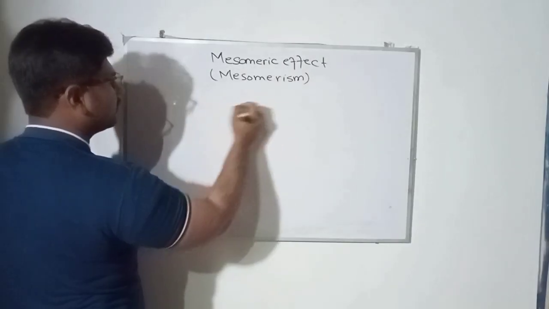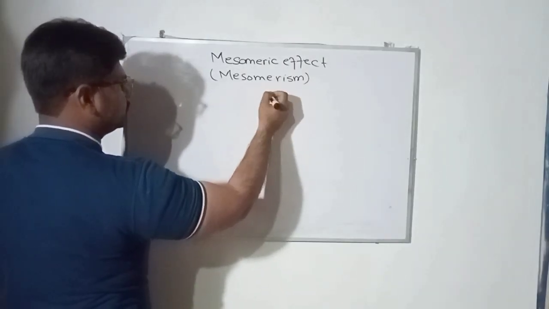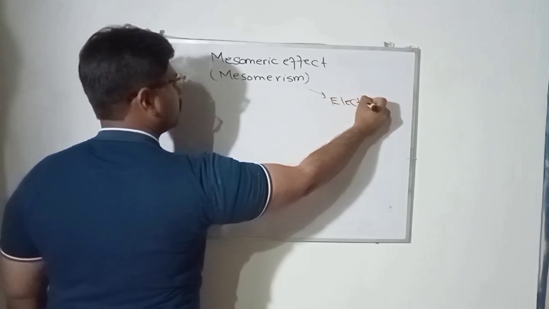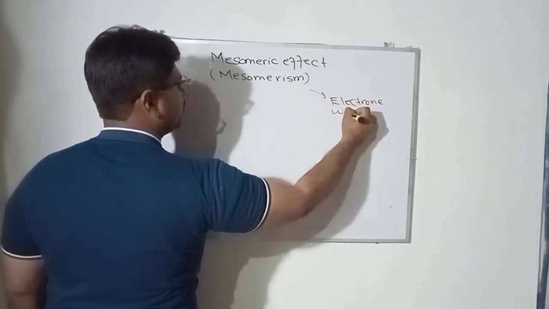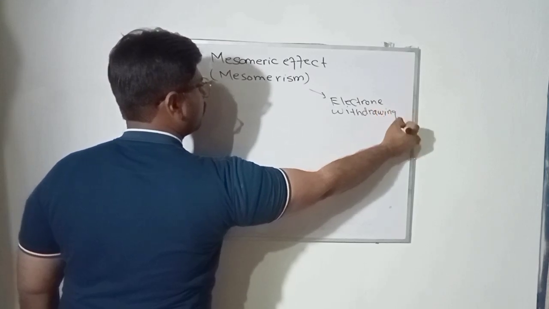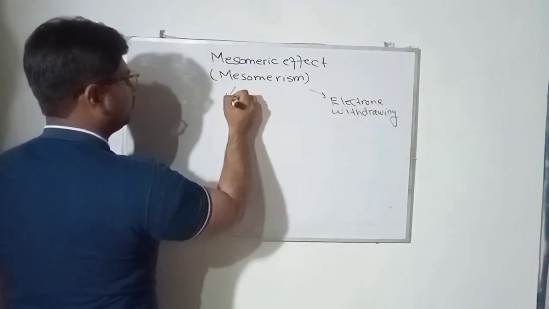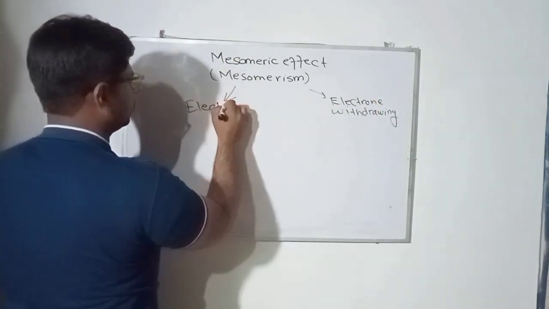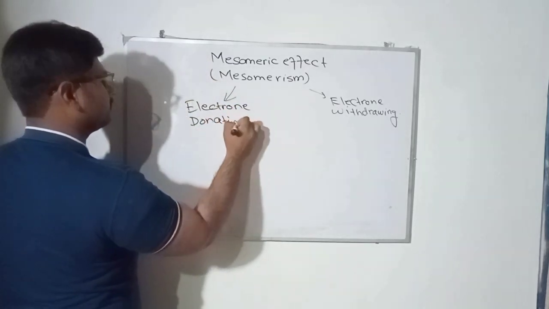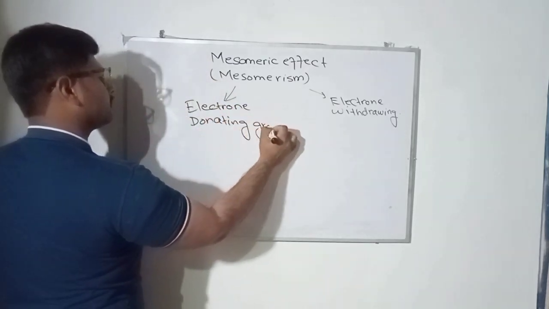Remember that there are two types of groups, and one will be electron withdrawing group and the other will be electron donating group.